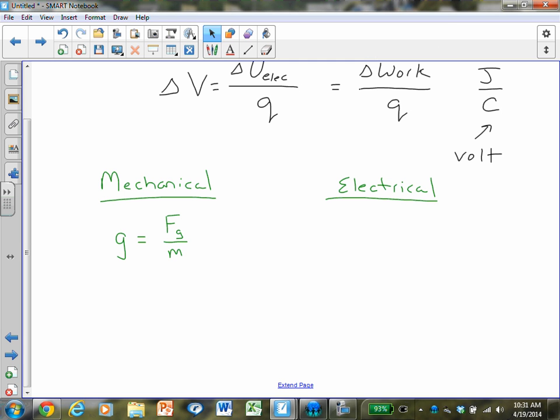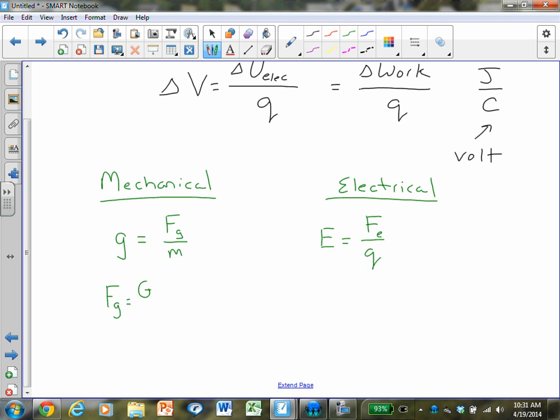And then on the electrical side, we get the electrical field that was force per unit charge. And we saw that Fg was the constant G times m1 times m2 over r squared. And then for Coulomb's law, we had k times charge 1 times charge 2 over r squared.